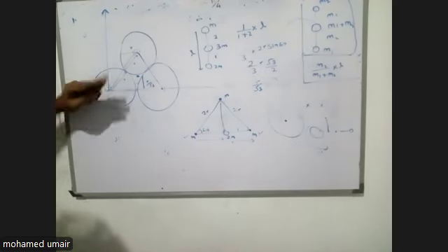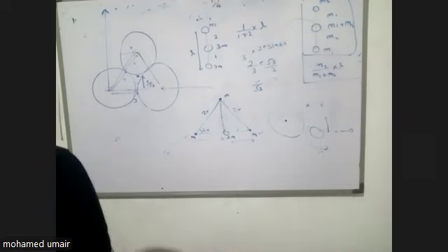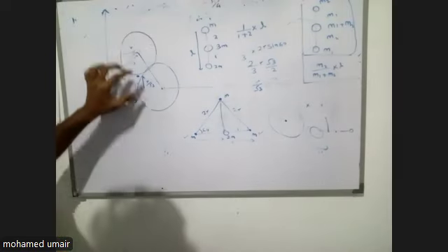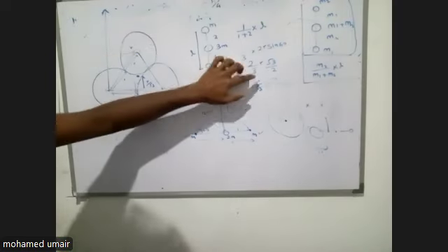What about my x value then? What will be my x value? I found the y value as R over root 3. The question is, the y coordinate of the center of gravity is R over root 3.